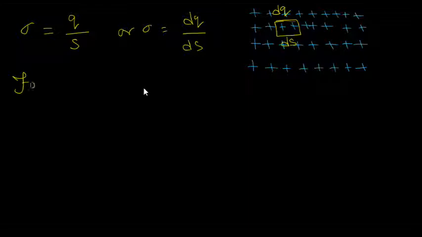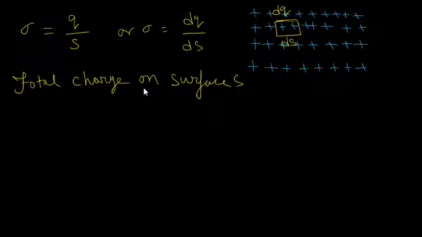Now sigma is equal to q by s, or sigma is equal to dq by ds. Total charge on surface S: q is equal to the integration over S of sigma ds.